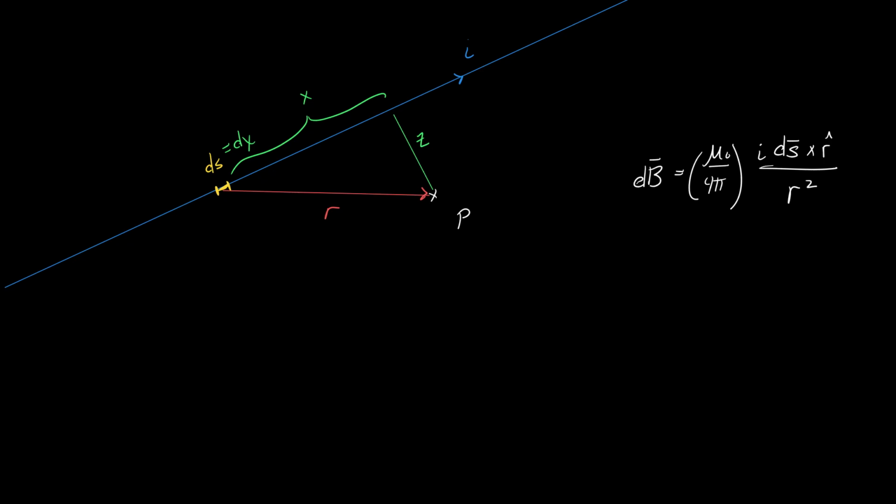So if I was to superimpose that here, ds is this way, and this is the direction of r hat. Sorry, r hat. So those are our two directions.